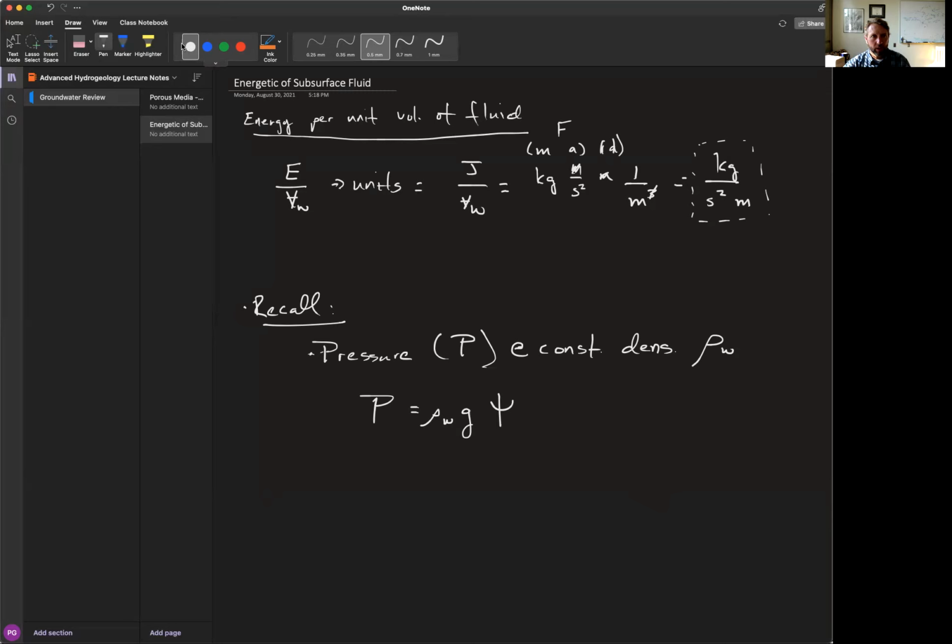So let's say I've got surface of my water. I've got some point down here, and I'm interested in the pressure at that point. Then I calculate it with this equation, P is equal to rho water g psi, where psi is the height of the fluid above my point.